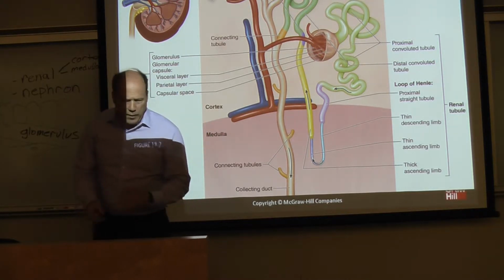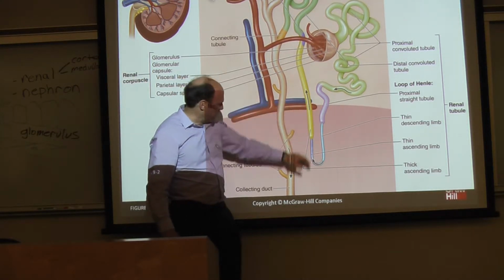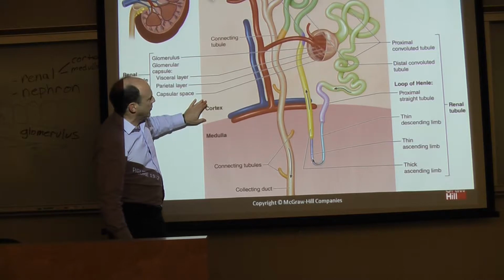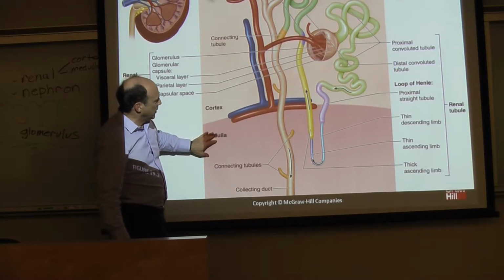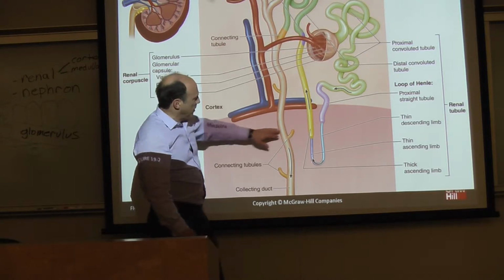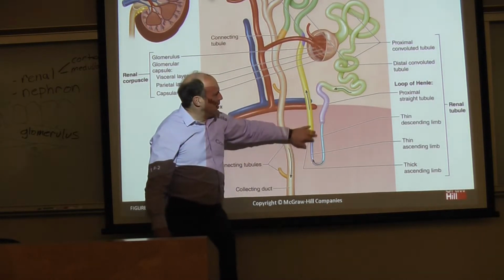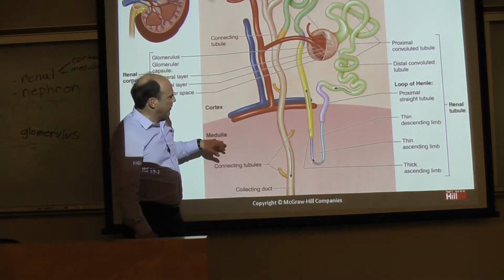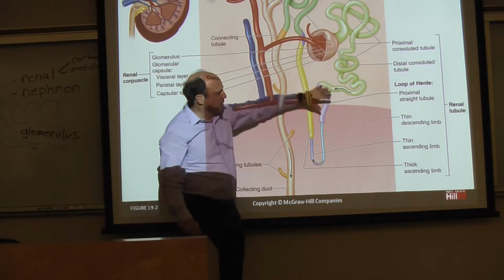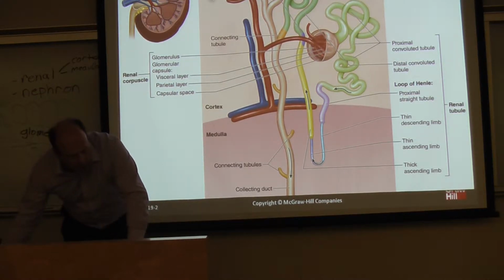Depending on where they're positioned, the size of this loop can change. So the way they've drawn the diagram here, here's the cortex, and here's the medulla. But depending upon where this nephron is, you can make this loop of Henle longer to extend into the medulla if it happens to be higher in the cortex, or there's actually some of these that are right in the medulla.